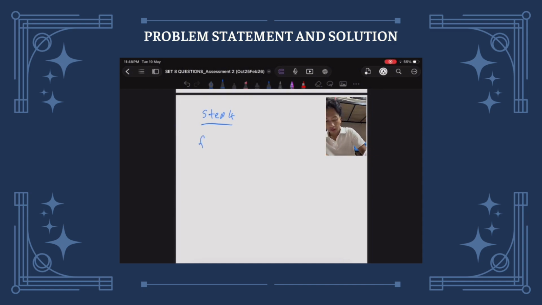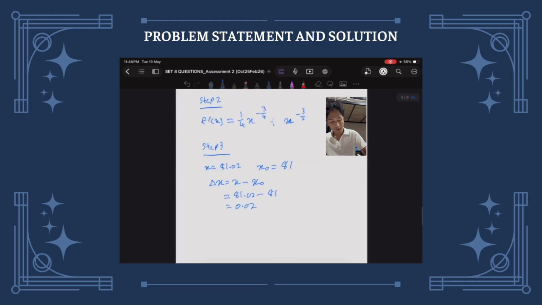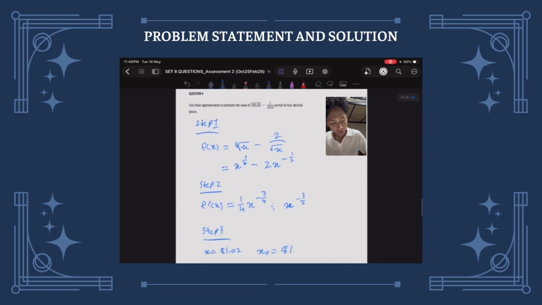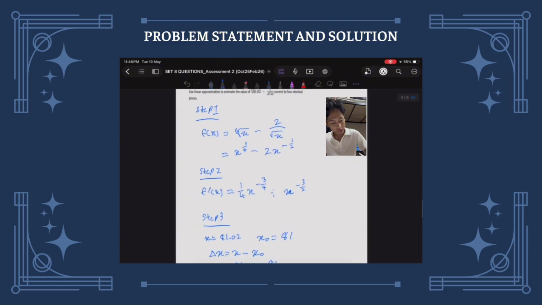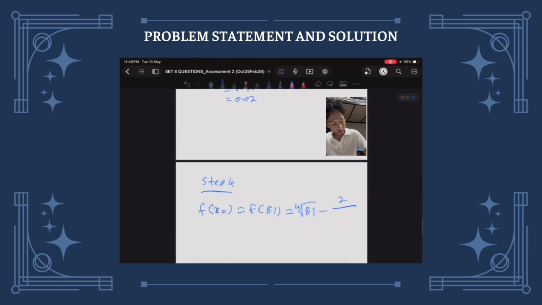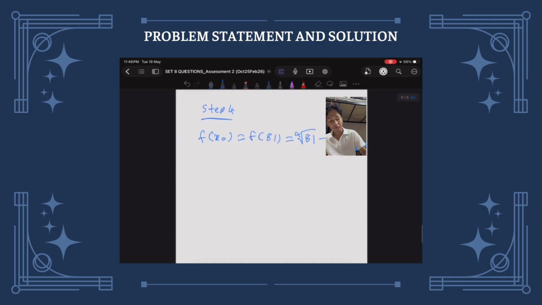So f(x0) equals f(81), so equals the fourth root of 81 minus 2 over the square root of 81.